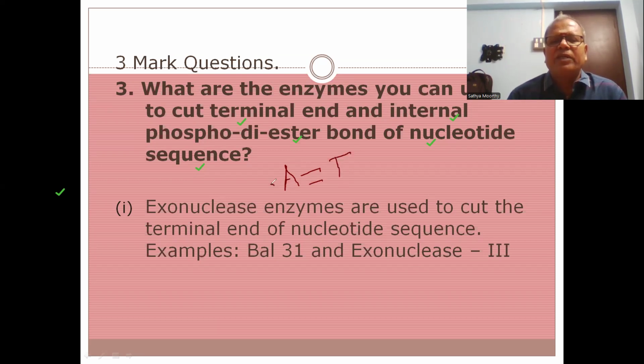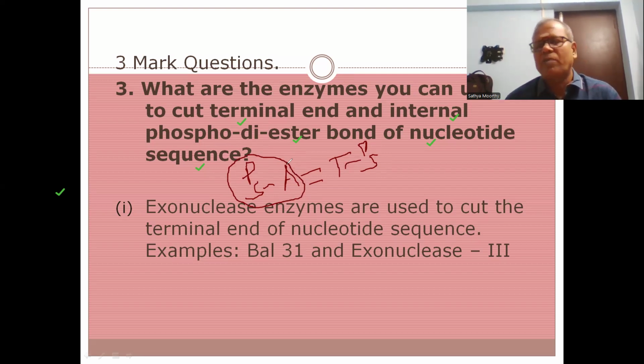This nitrogenous base combines with sugar to form a nucleoside. So here thymine also combines with the sugar to form a nucleoside. This nucleoside combines with a phosphate molecule to form a nucleotide. This is a nucleotide, the nanoparticle of life. In the human genome, 6.6 into 10 power 9 nucleotides are present.